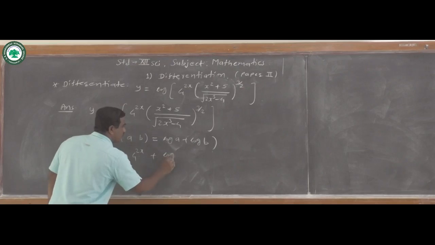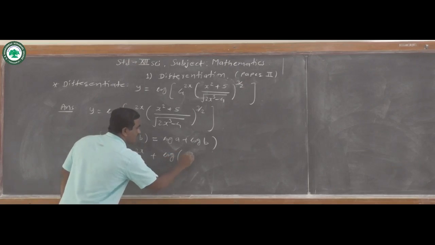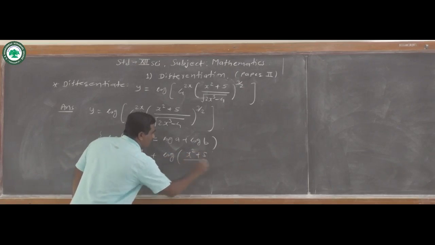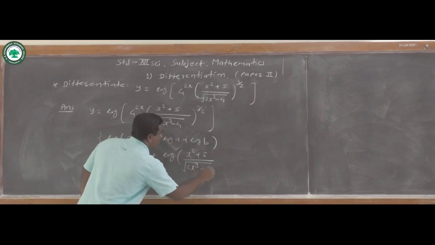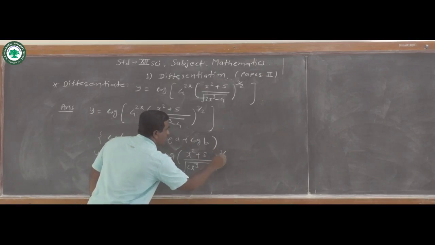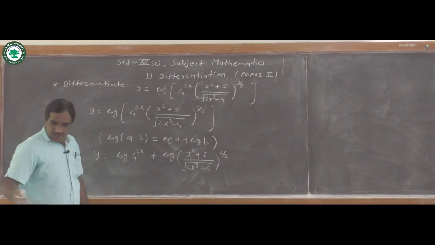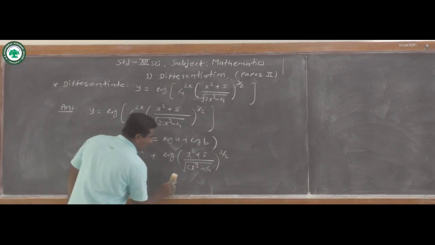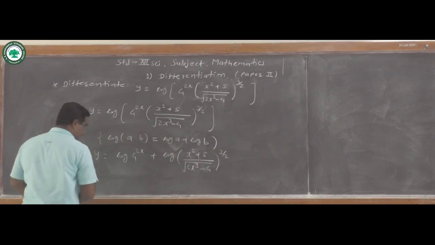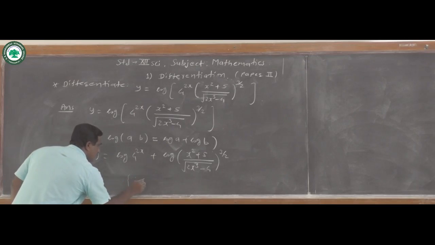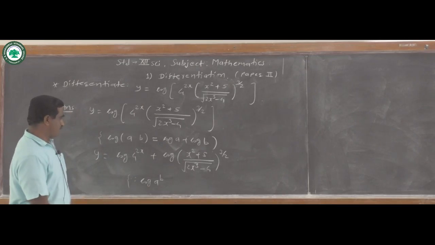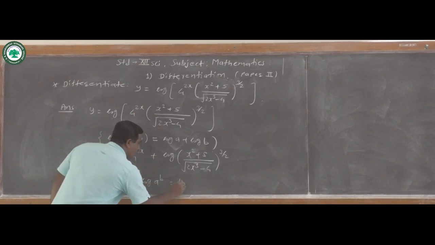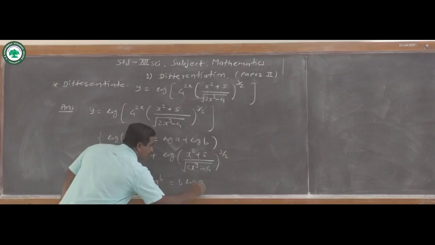plus log of, in bracket, x square plus 5 upon under root 2x cube minus 4, bracket raised to 3 by 2. Now we use the third rule of logarithm here in both terms. Since log of a raised to b, or log m raised to n, is equal to b into log a.